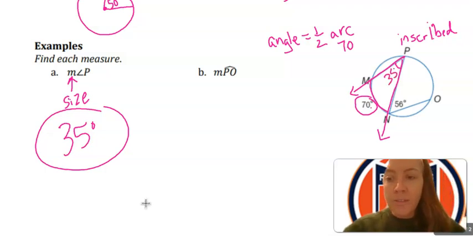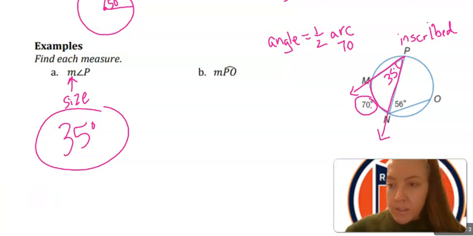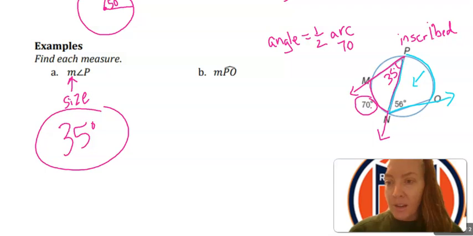All right, second question, find arc PO. So let's go to PO right here. I know that's an arc and it doesn't have anything to do with the pink measurements. So if that's an arc, I need to find the angle that it's being related to. We're going to look across and it looks like we have this inscribed angle.